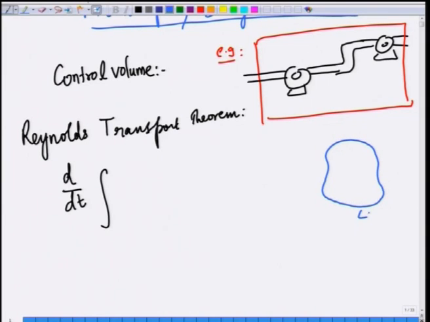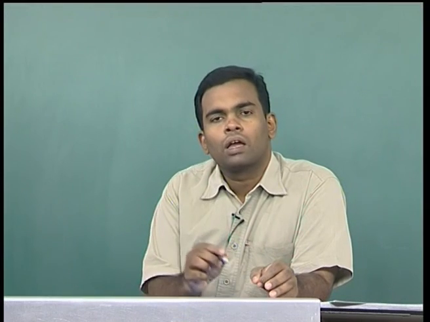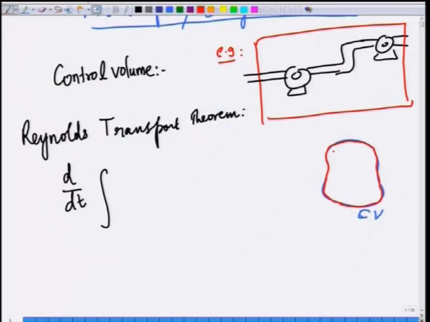Here I am denoting the control volume by the blue line. A system is that fluid that occupies the CV at a given time t, but at a time immediately later, t plus delta t, the system has moved slightly away from the CV. A system or a material volume contains the same set of fluid particles. So, you are following the same set of fluid particles, while a CV is a fixed region in space.